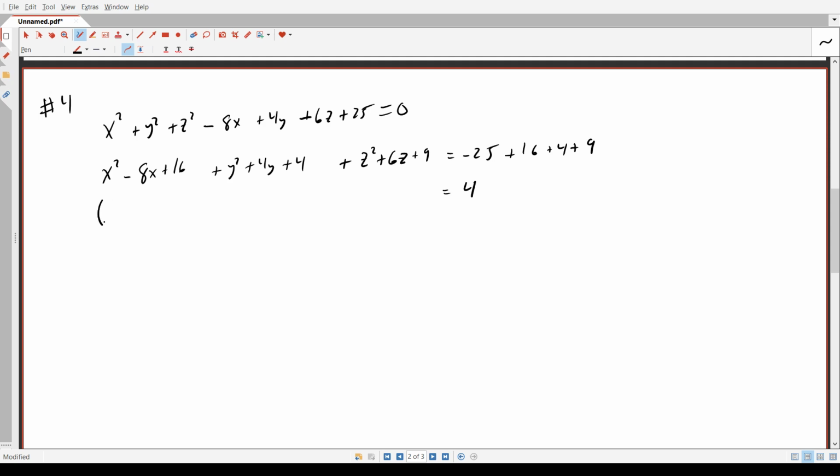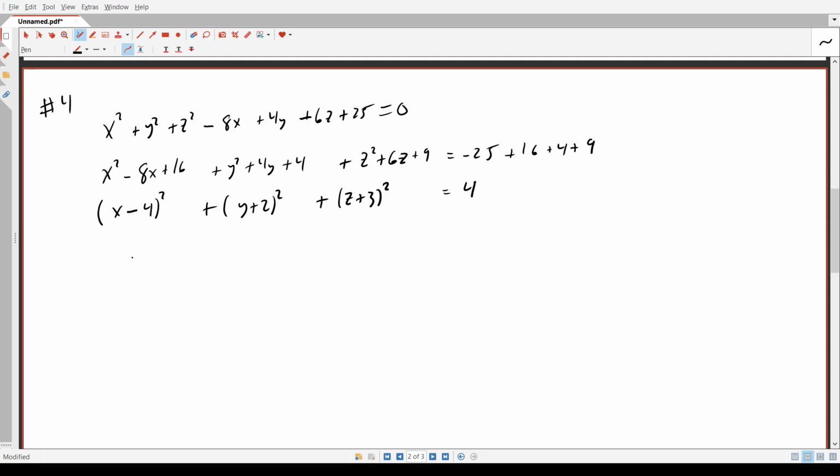So here we factor this. This is going to be 8 minus x minus 4 squared plus y plus 2 squared plus z plus 3 squared. And again, this number is half of that number. And we chose this number specifically so that we can factor it in this sort of way. Anyways, so we see that the center is when this, and this are 0.